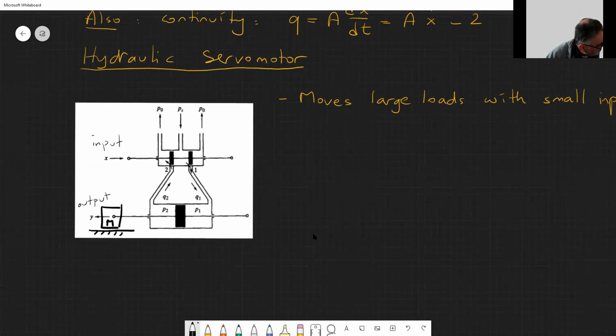So we have the main piston here, which moves, and on one side of the piston there is pressure P1. On the other side of the piston there is pressure P2.